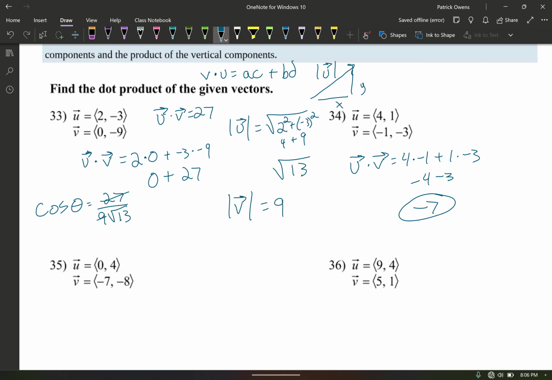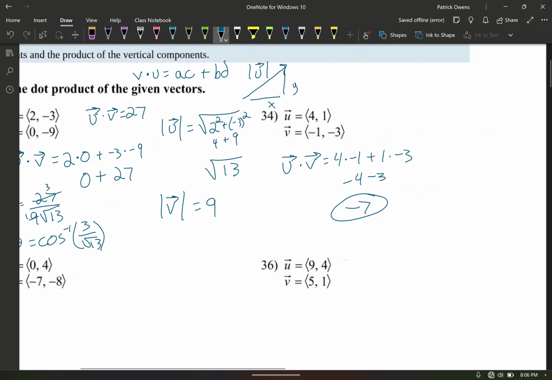We can factor out a 9. So our denominator is just going to be 1 times the square root of 13. Numerator is going to be 3. But in order to find theta, we need to take the cosine inverse of both sides of this equation. So we have theta is the cosine inverse of 3 divided by square root of 13. So that is what you would put in your calculation device in degrees. Let's take a look at another one.